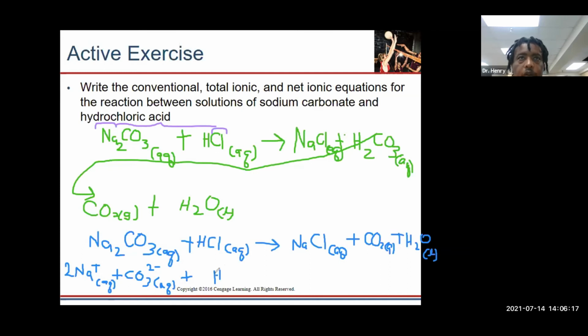Oh, by the way, is this balanced? Shouldn't there be a 2 here? Yeah, it's not balanced. Let's put a 2 here, and that messes everything else up. Okay, so now we can fix this.